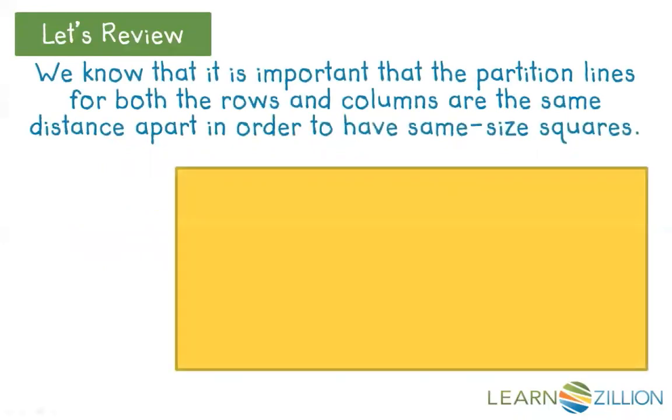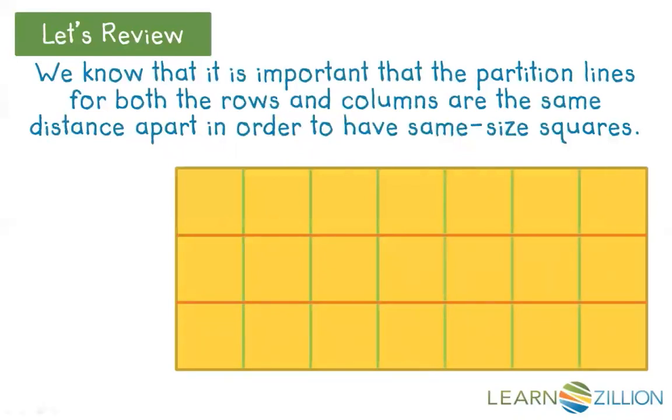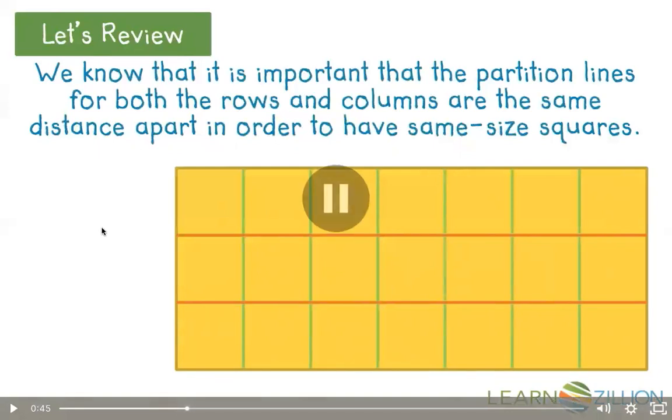In this rectangle, we have 1, 2 partition lines, so we have 3 equal rows. We also have 1, 2, 3, 4, 5, 6 partition lines for the columns, so we have 7 equal columns. Notice how when she said we have 2 lines for the rows, that means we have 3 rows.